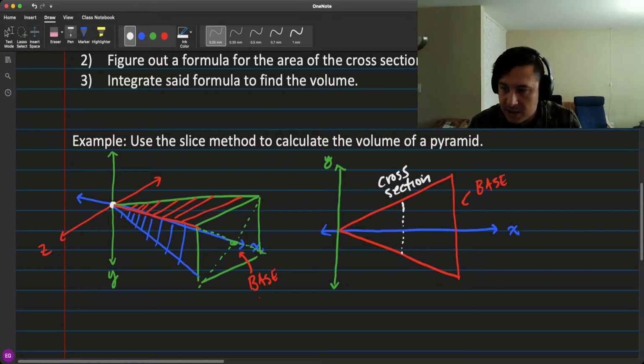So a cross section would be over here. Do we see how those two white things are equivalent? I just need to know if that makes sense or not.